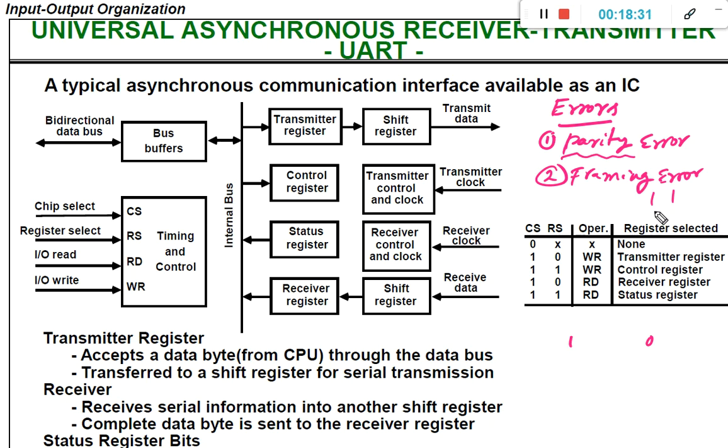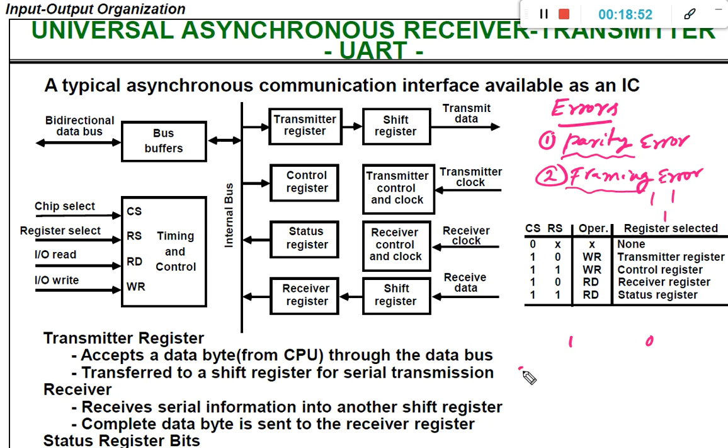Similarly, in new computers we add only one 1. If some error occurs during this adding of the bits and we could not add the stop bits properly, then it is called a framing error.